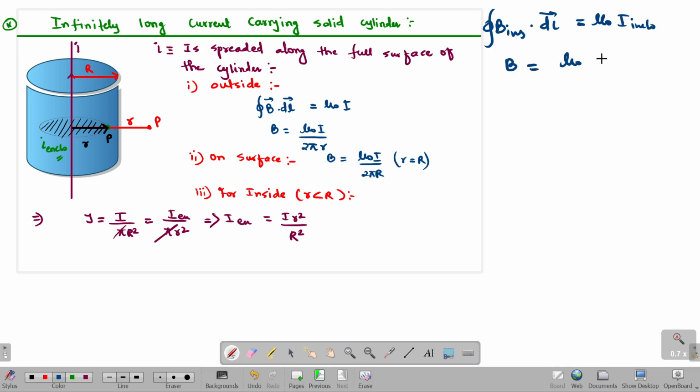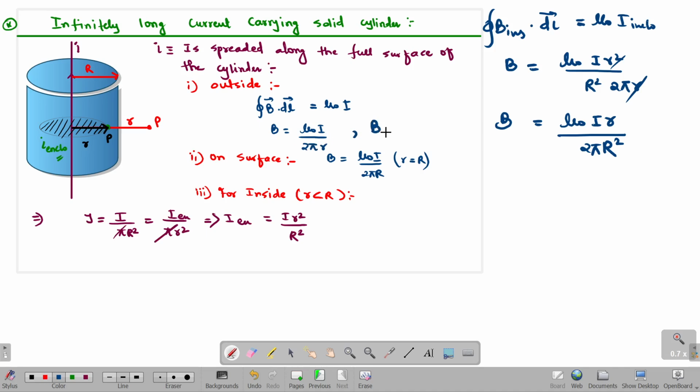Mu naught I enclosed is I r square by capital R square. And integral dl means once again 2 pi r or not? 2 pi into small r. Small r cancel. So B at inside point is mu naught I r by 2 pi capital R square. Is that clear?